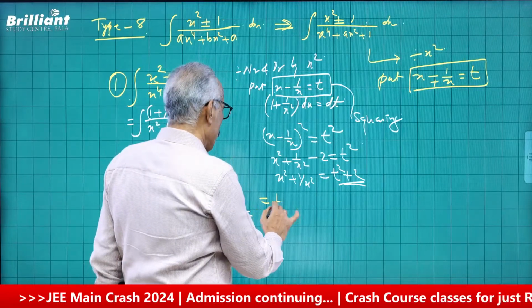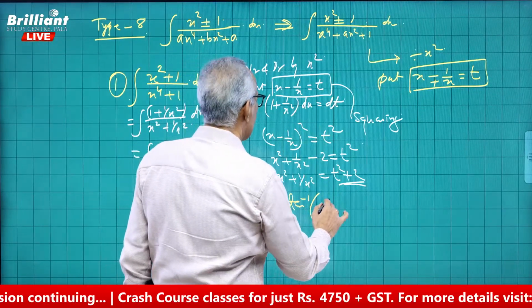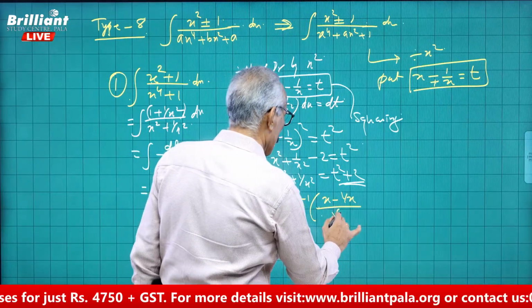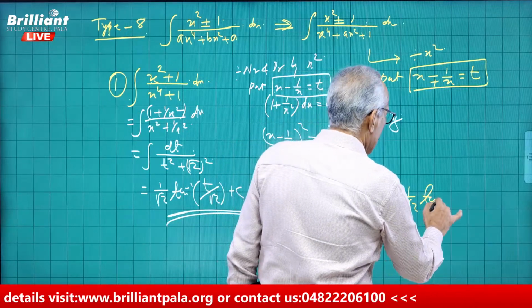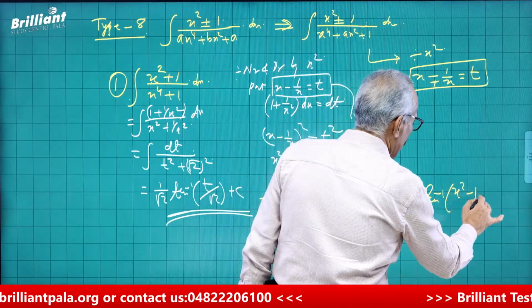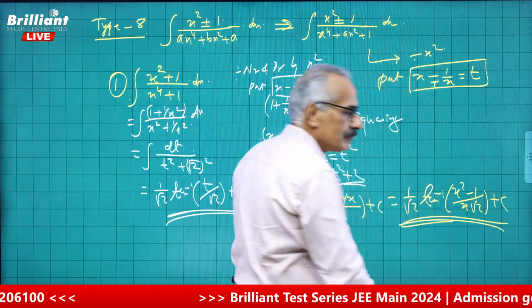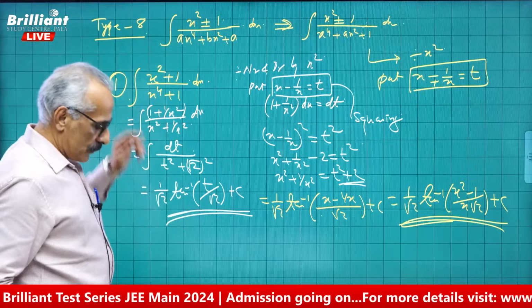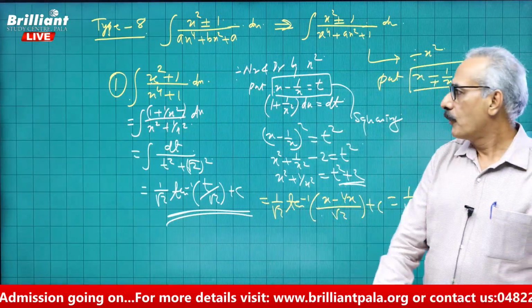So this is equal to 1 by root 2 tan inverse of, what's your t? Your t is x minus 1 by x divided by root 2, plus c. That's equal to 1 by root 2 tan inverse of x square minus 1 by x root 2, plus c. Wonderful answer. This type is one of the most important ones. Mark it. Do it.